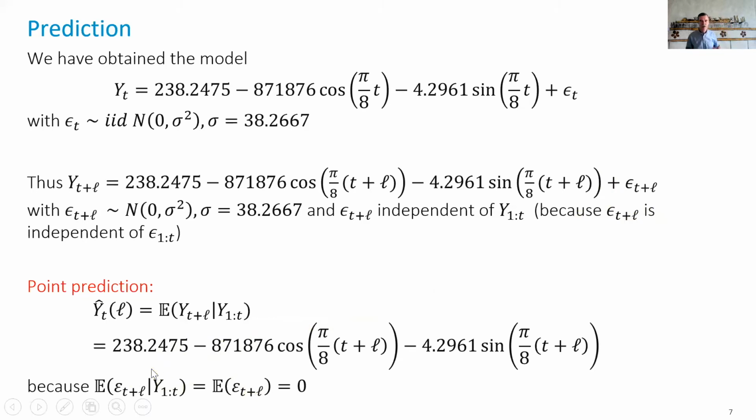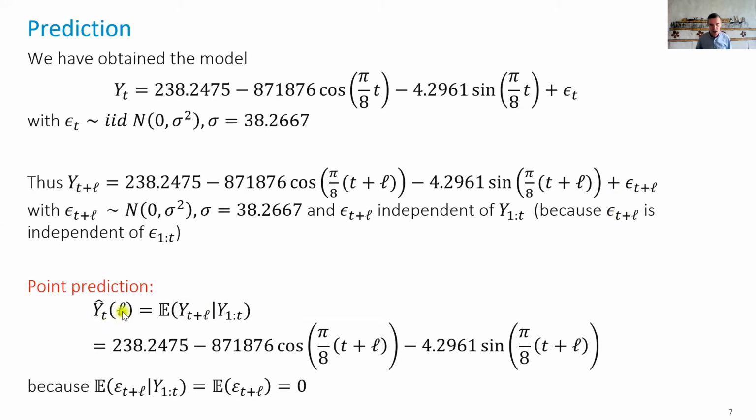That's what we've seen in the first week. Independence means that if we condition upon the thing, it's the same thing as not conditioning. So this expectation, because it's a noise term, is 0 here. So I can say that this conditional expectation is simply the constant term where I remove the noise term. So that is my point prediction.